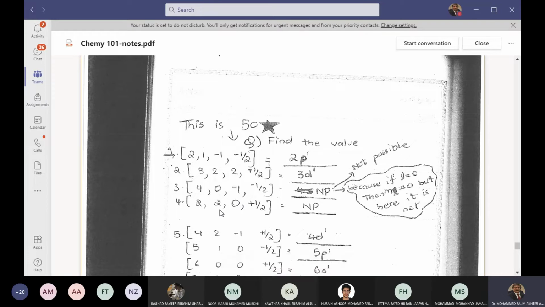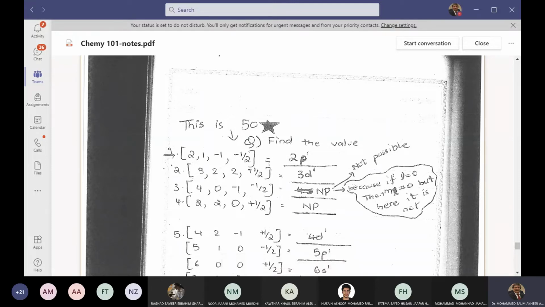I cannot have 2D because in the first level I have S, in the second level I have S and P. So D starts from the third level. So this should be 3 as I have shown you here. I cannot have D in the second level. So again, I said not possible.